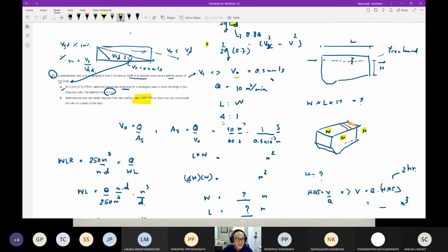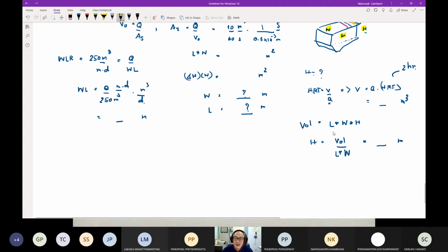And then what is next? Right now you don't know the appropriate depth, but the depth can be simply determined because here the detention time is 2 hours. HRT is equal to volume divided by the flow rate, so the volume is equal to Q times HRT. You can automatically determine the volume based on this information. The volume is equal to the length times the width times the depth.